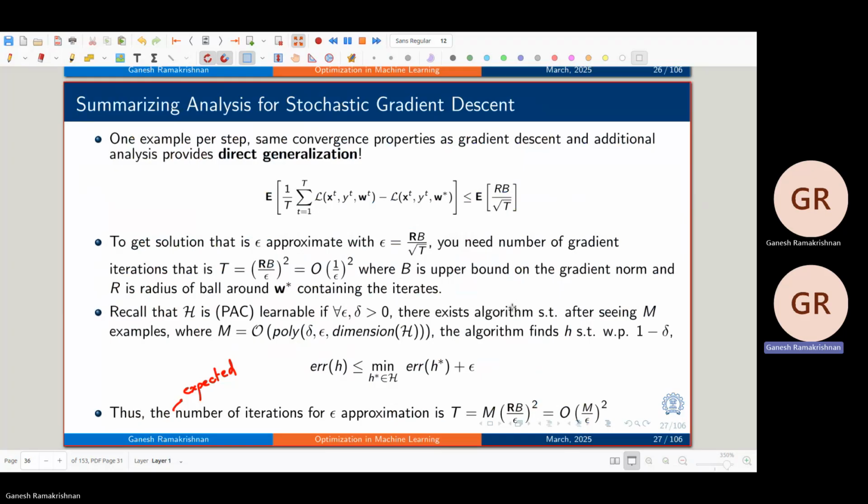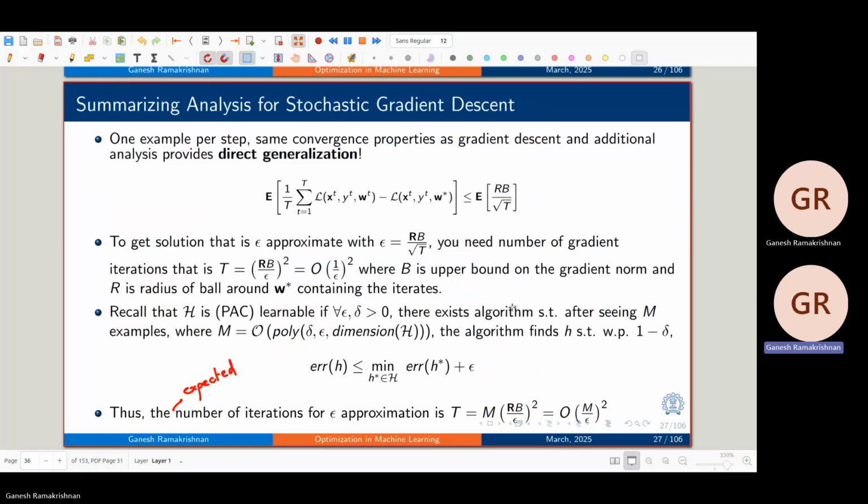Under these settings, in the expected number of iterations, I can get this epsilon approximation, which is in the PAC setting, as T is order 1 upon epsilon square.